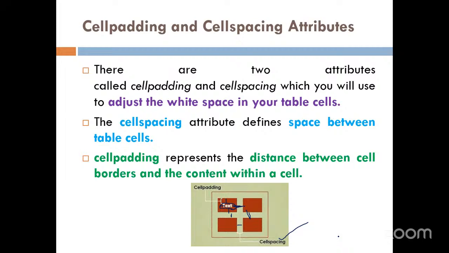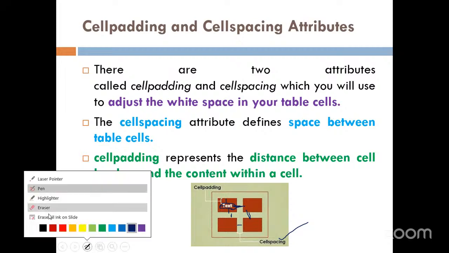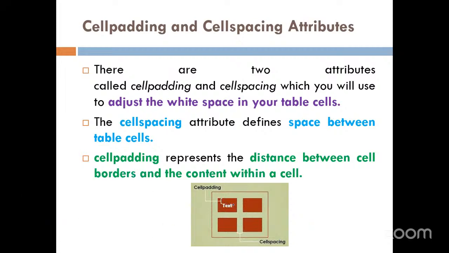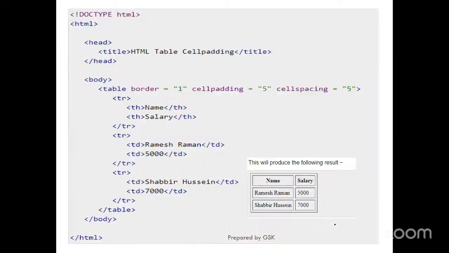Let me repeat: cell padding is the distance between the content of a cell to all the borders of the cell. Cell spacing is the distance between the cells. That is cell spacing.